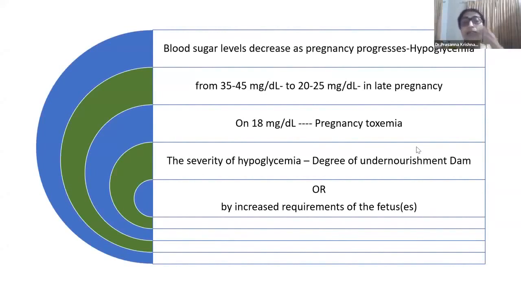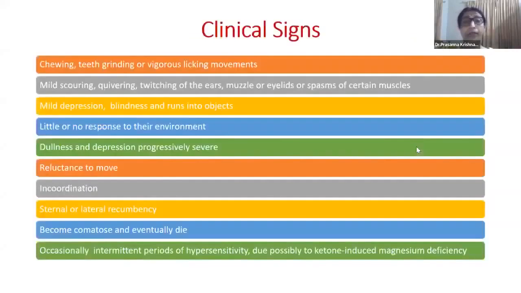The severity of hypoglycemia is directly proportional to the degree of undernourishment. So if your animal is not well nourished, the hypoglycemia will be very drastic. Add to that, if you are not giving nutrients, the increased requirements of the fetus or multiple fetuses will really aggravate the condition.